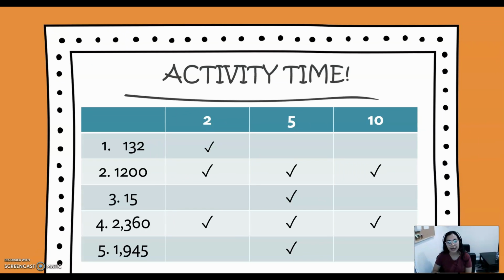It ends with 5, so 15 is divisible by 5. Number 4, 2,360. It ends with 0, so it is divisible by 2, 5, and 10. And the last number, we have 1,945, and the last digit is 5. That's why it is divisible by 5.